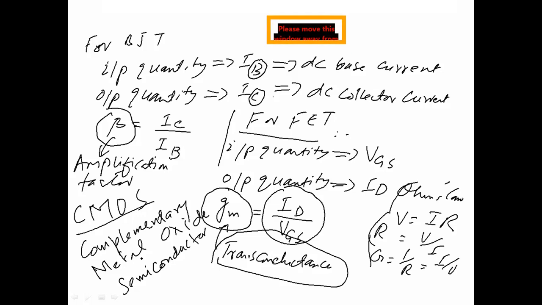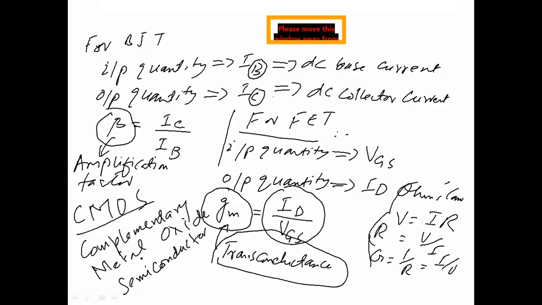So the important circuit features, what are the important circuit features? Voltage gain, input impedance, and output impedance.